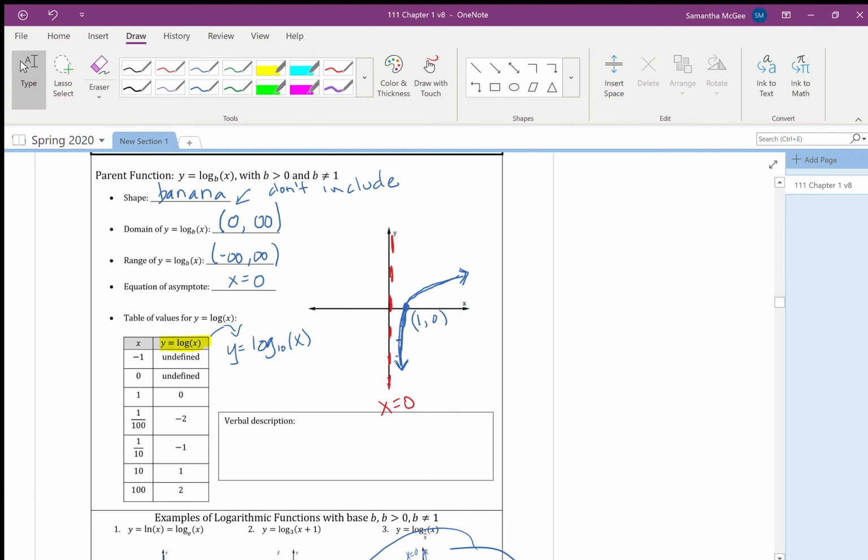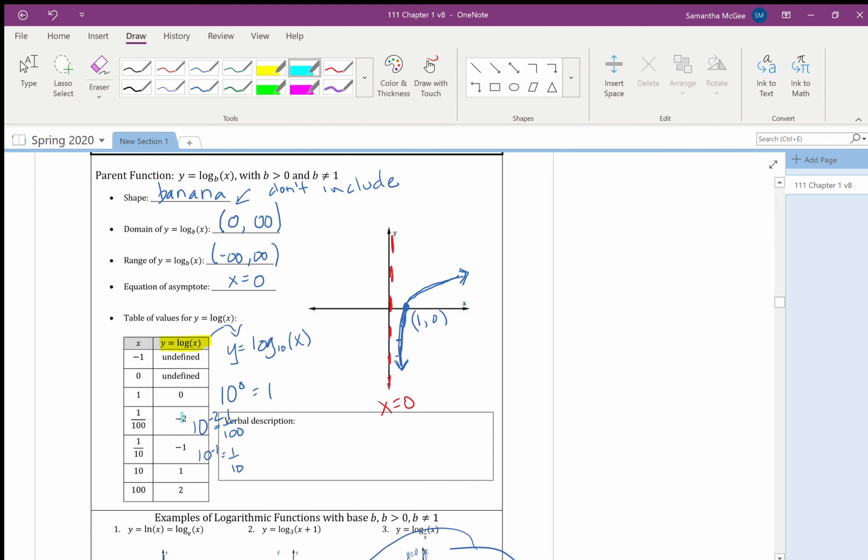If we take our base, which is 10, and raise it to the output, the y value, we get the input, the x value. So 10 to the 0 is 1, 10 to the negative 2 is 1 over 100, 10 to the negative 1 is 1 over 10.